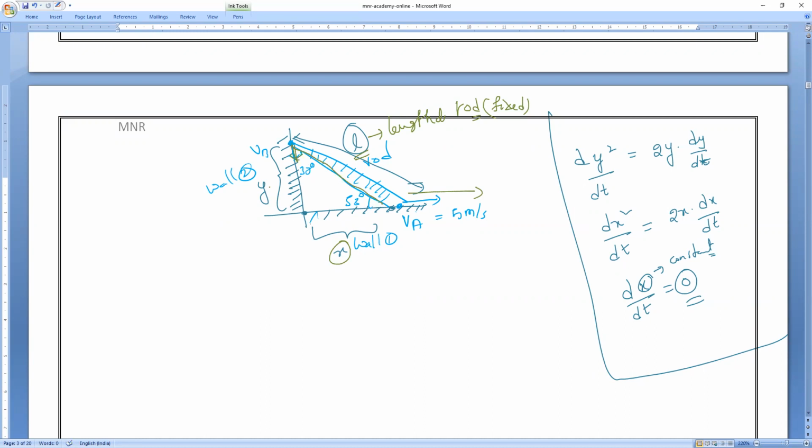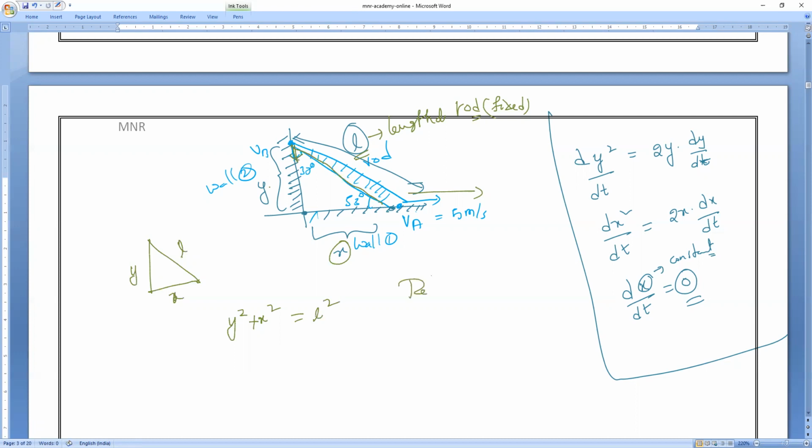Okay. Now imagine this is like a triangle. We all know this is y, this is x, and this is, let me take, L. Now what is the formula? Pythagoras formula: y square plus x square is equal to L square. Is it right? All of you?